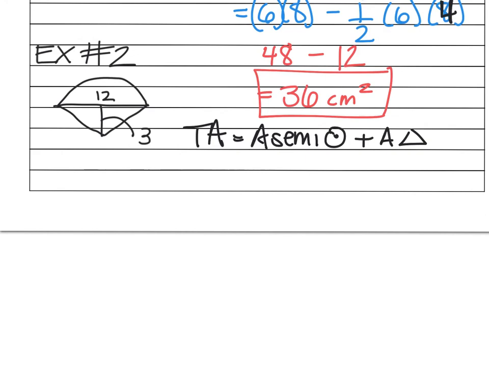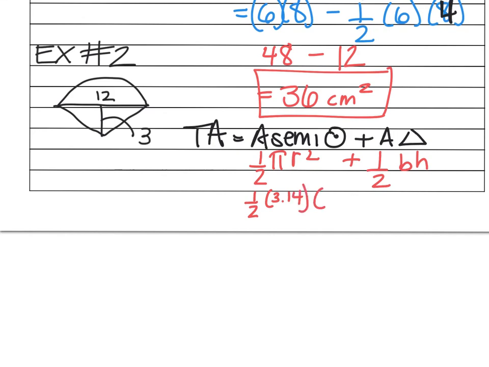So let's plug in our formulas. We know that the area of a circle is pi r squared, but if we want half of that, we can just go ahead and multiply this by 1/2, plus our area of a triangle, which is 1/2 base times height. So we can go ahead and plug in what we know here. We're going to have 1/2 times 3.14 r squared.